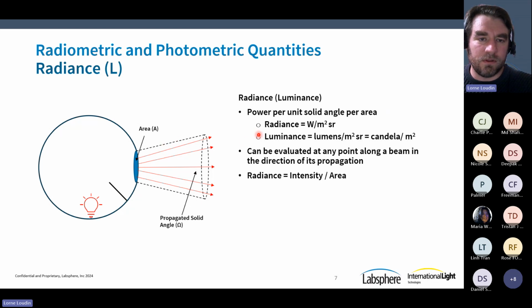I'm showing this as an integrating sphere. There are other ways to demonstrate radiance, obviously, but I think it's easy to think of the area of an exit port that we could calculate the area of, and we know the solid angle that the light is exiting through. It doesn't really matter where we evaluate the beam.